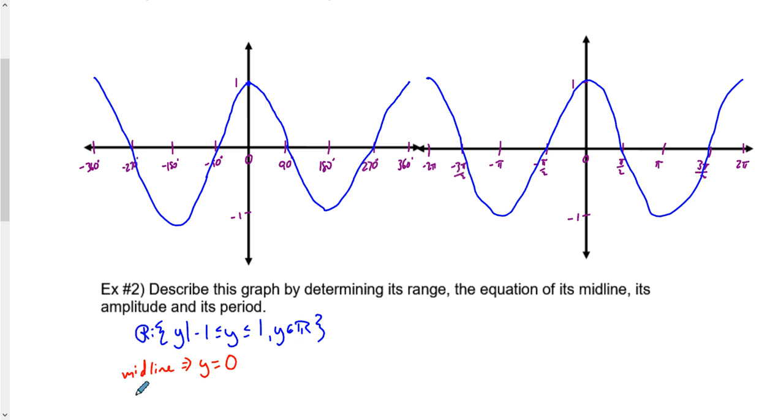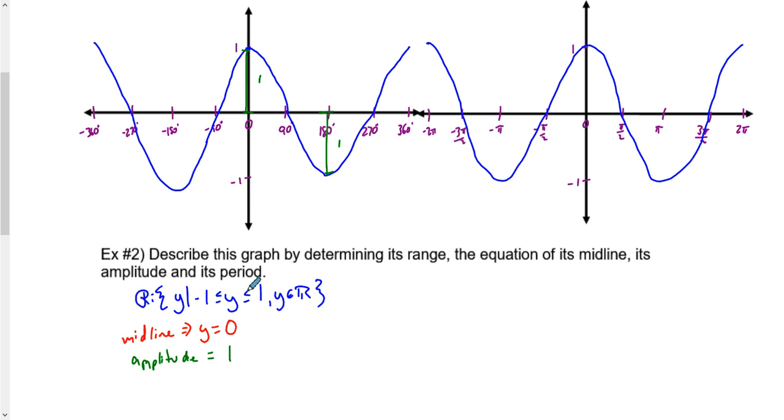Amplitude. We measure it from the middle to its lowest point or from the middle to its highest point. Well, it's a good thing, those are 1. The amplitude is 1.